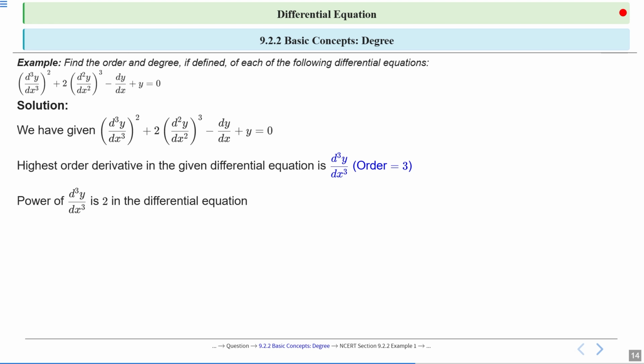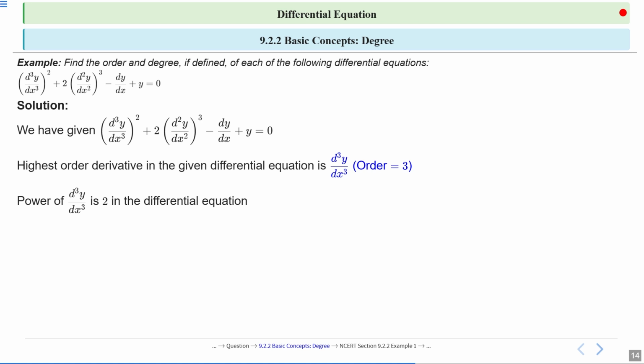So the order of the differential equation is 3. Now, to find the degree of this differential equation, as we can see, the given ordinary differential equation is a polynomial in the terms y triple dash, y double dash and y. Okay, it is of the form of a polynomial, so we can define the degree.